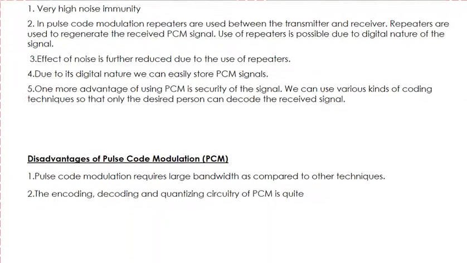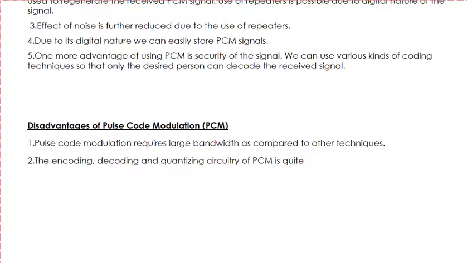Okay, on the contrary, we have the disadvantages of pulse code modulation. PCM requires large bandwidth. As compared to other techniques, the encoding, decoding, and quantizing circuitry of PCM is quite complex.